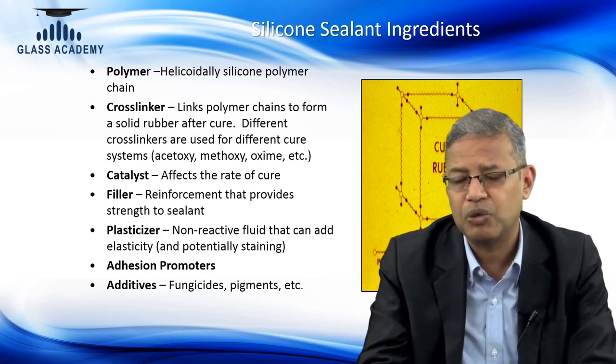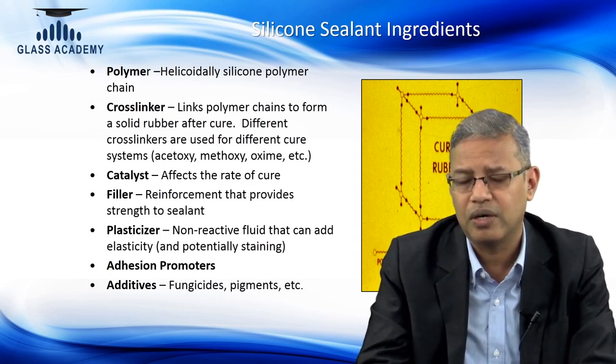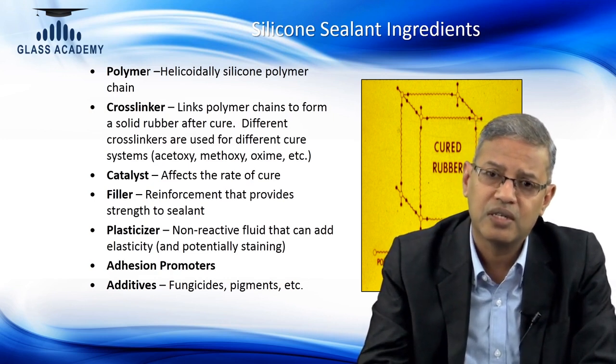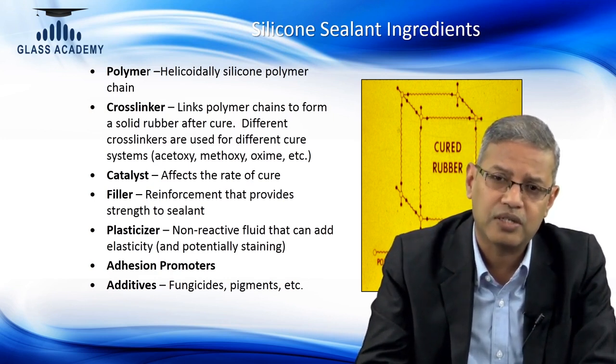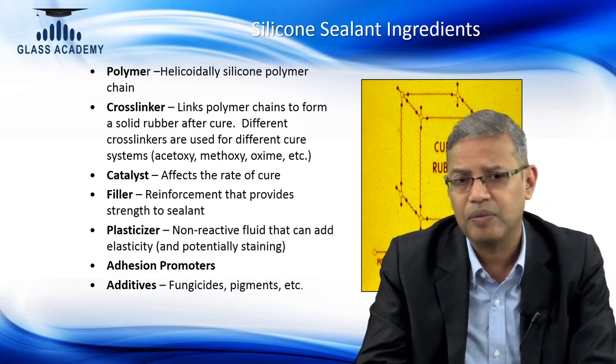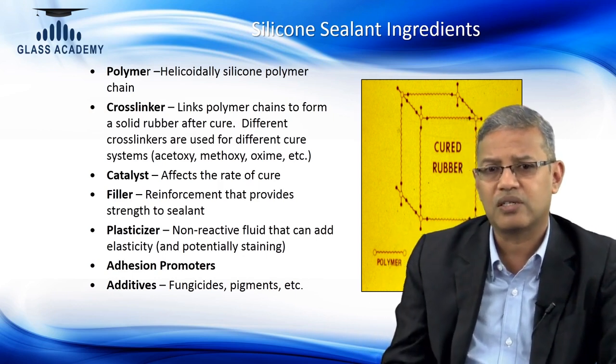You want that for a moist area that is prone to hot and humid climates or water, so you don't want the growth to happen. So special additives like fungicides, and colors to get different shades in the sealant, can be obtained by adding pigments. So this is an essential ingredient slide.